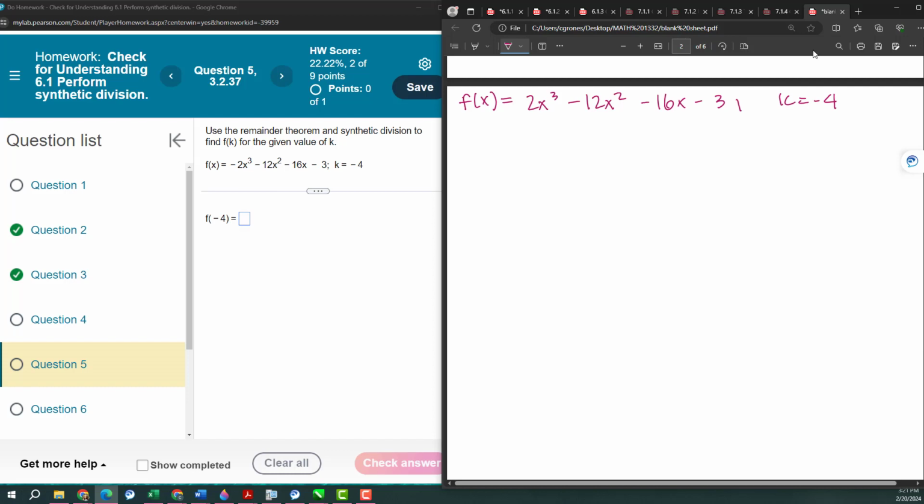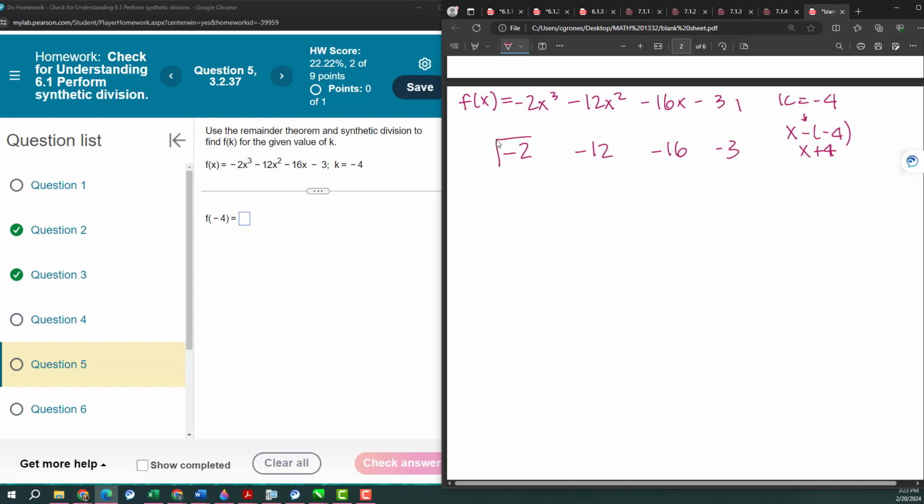So since k equals negative 4, if I'm working backwards, we have x minus negative 4, so we have x plus 4 for our denominator. Okay, so I am missing a negative right here. So I have negative 2, negative 12, negative 16, and negative 3.